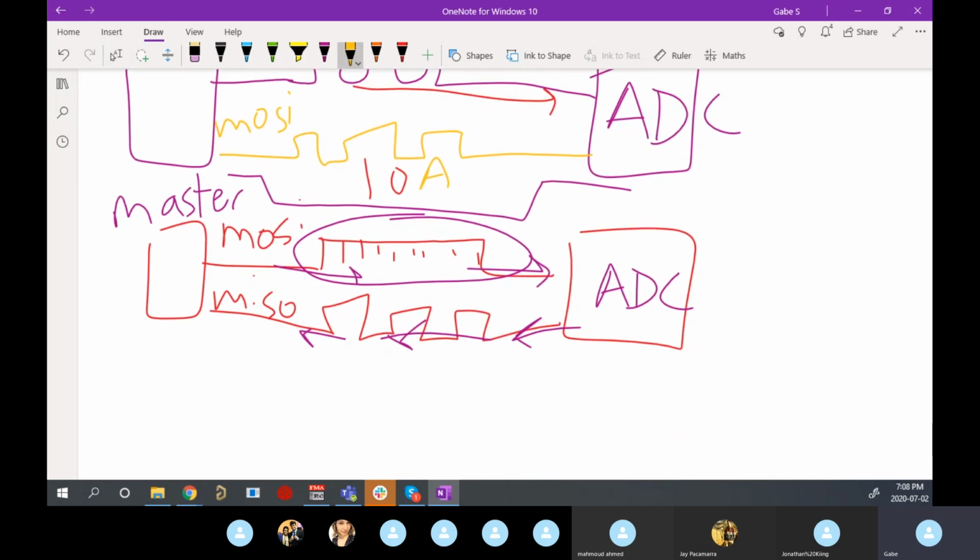And don't forget, while all of this data is happening, your clock is toggling happily all the time. If your clock is not toggling, then you can't have any data, because that's what synchronizes all the data bursts.